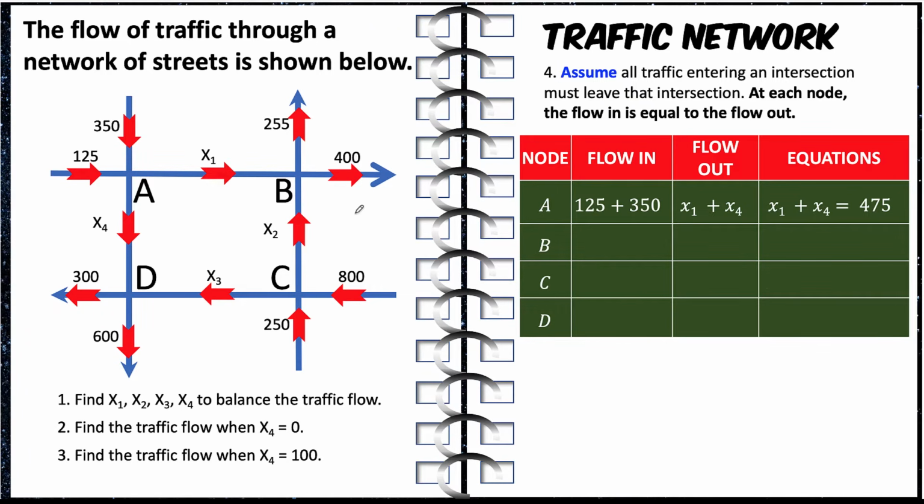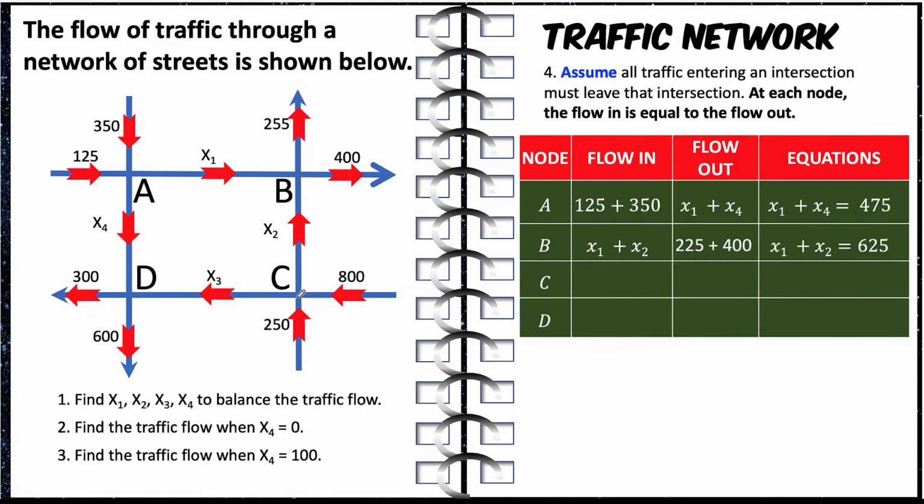The same explanation for node B. The flow in would be x1 and x2. The flow out would be the sum of 255 and 400. And the equation is x1 plus x2 equals 655, the sum of 255 plus 400.